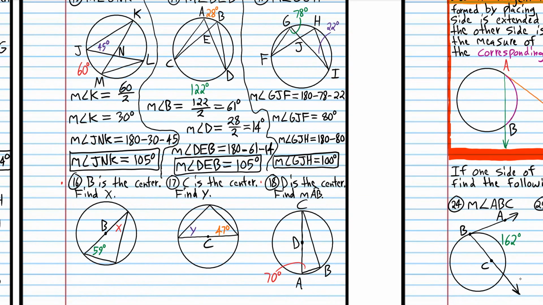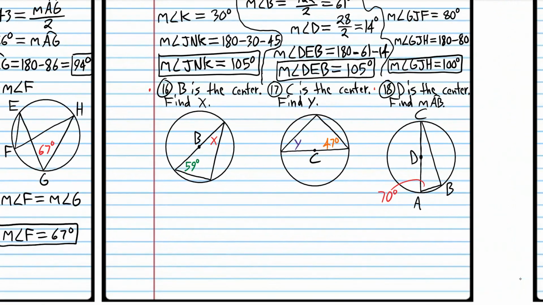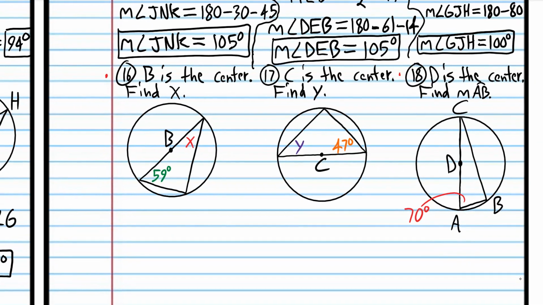Okay, time for number 16. B is the center, find X. Now notice we have a triangle in here, so we actually have three inscribed angles. We have this inscribed angle, and this inscribed angle, and this inscribed angle. Now, I want you to notice something.